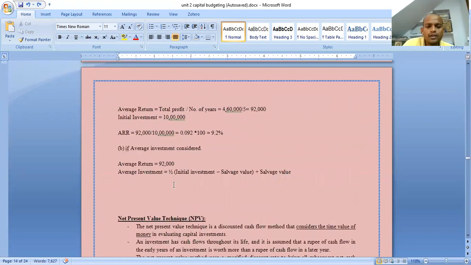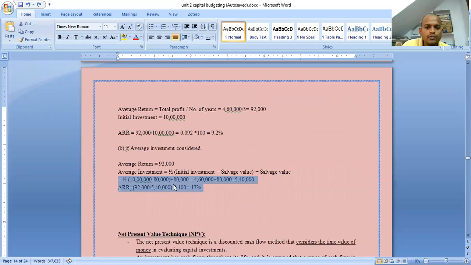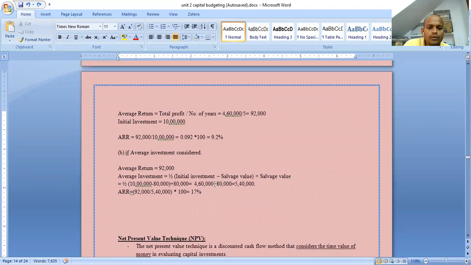So half of 10 lakhs minus 80,000, that is half of 9 lakh 20,000, which is 4 lakh 60,000.